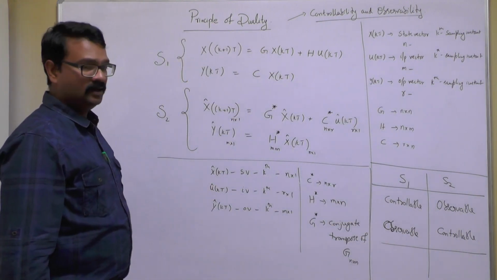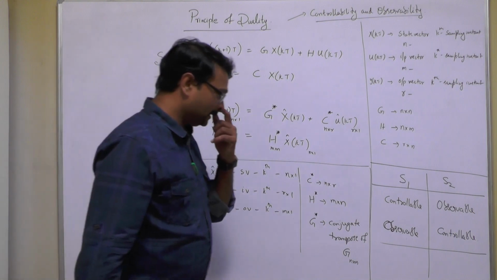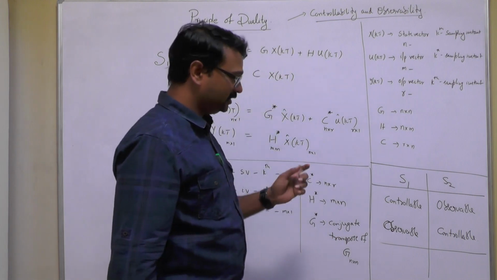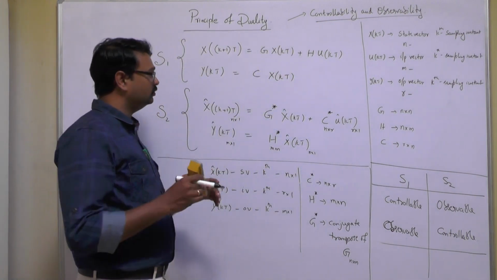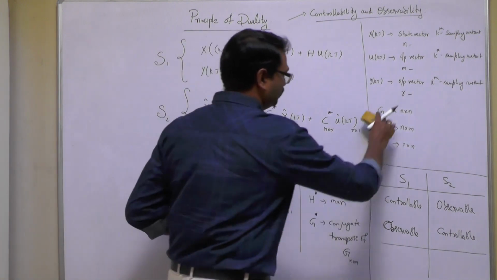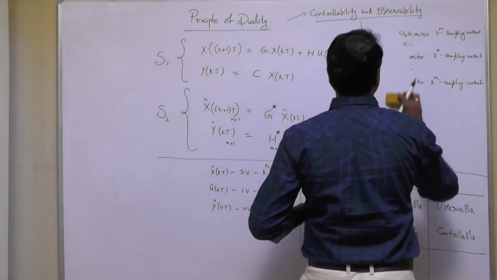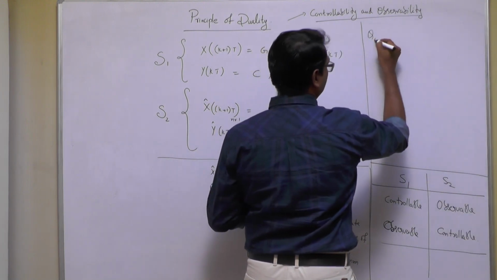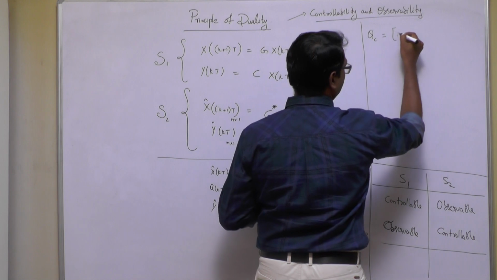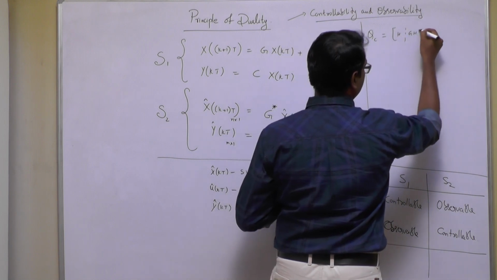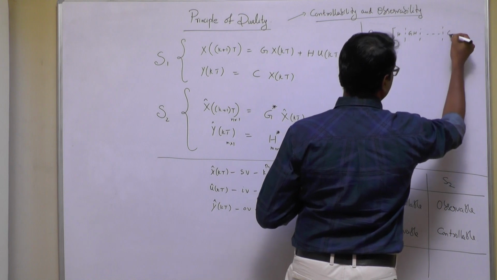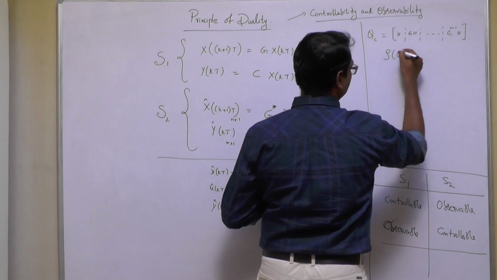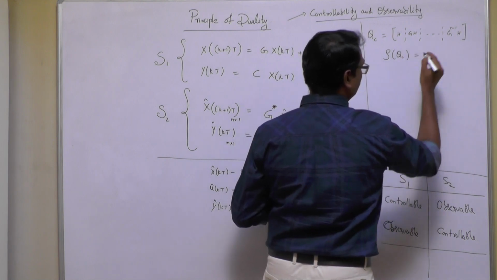This states that controllability matters. Now, what is the controllability matrix for this? You have H, GH, and so on up to G power n minus 1 H. The controllability matrix QC for S1 is H, GH, up to G power n minus 1 H, and the rank of QC must be equal to n.